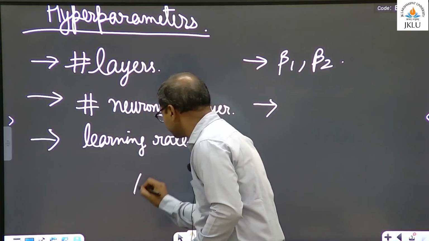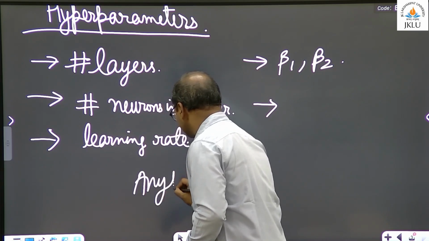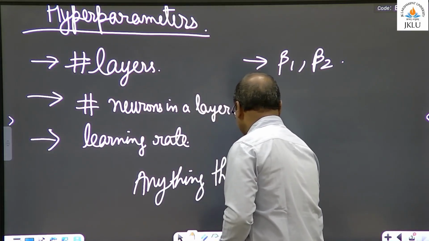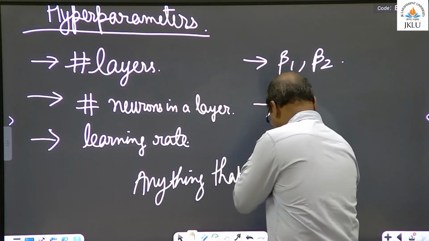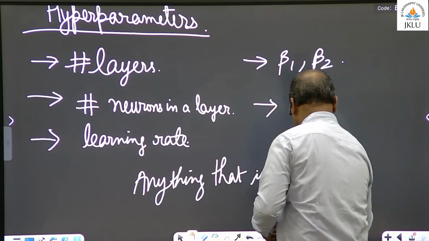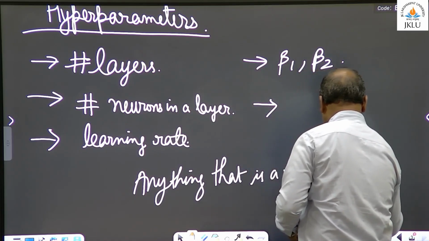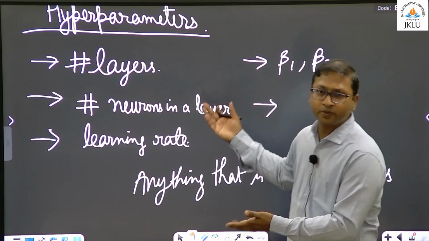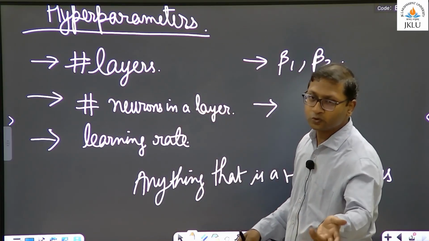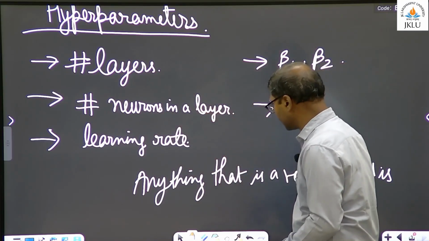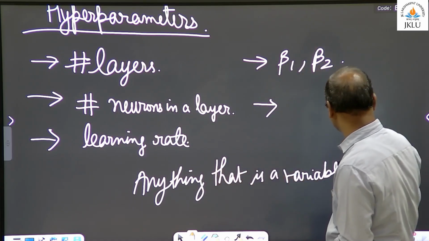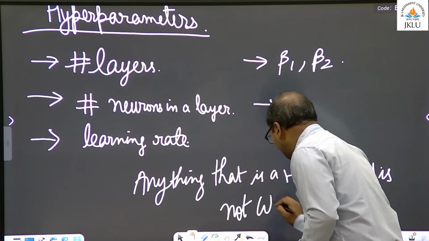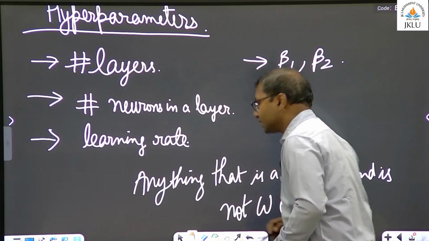Anything that is a variable and is, well, actually number of epochs will also become a hyperparameter because you choose 1 or you choose 10, that makes a difference. So anything that is a variable and is not W or B is a hyperparameter.